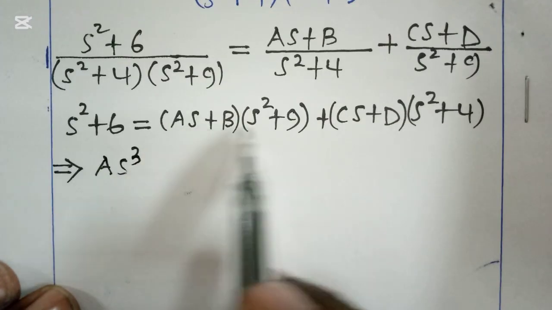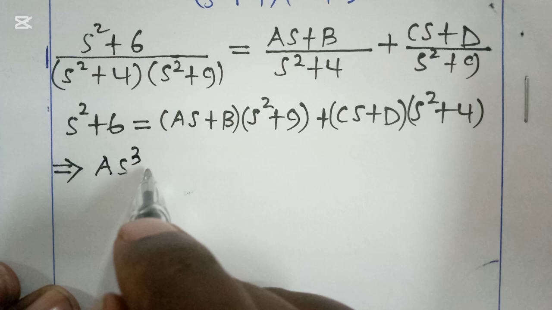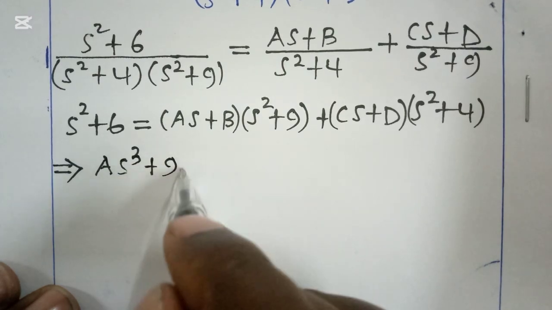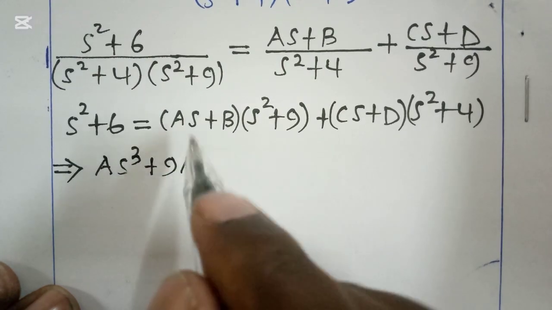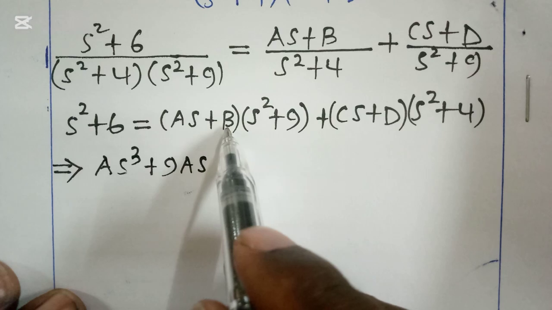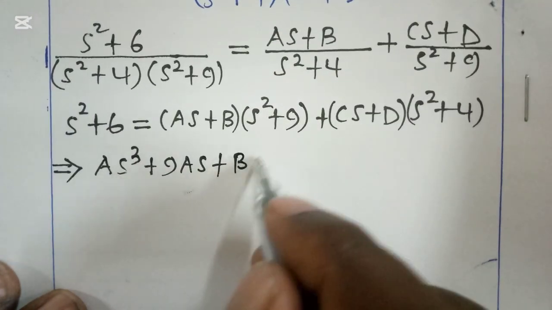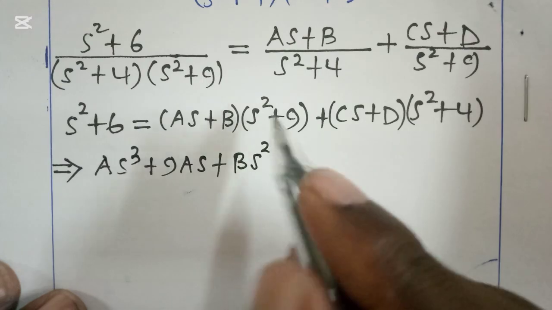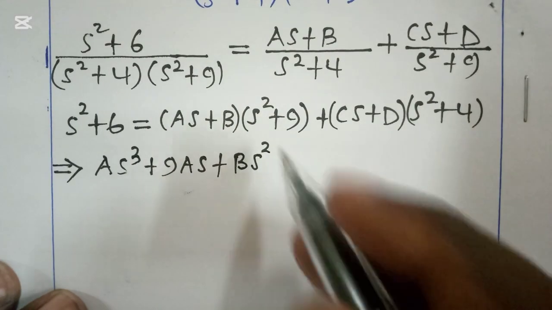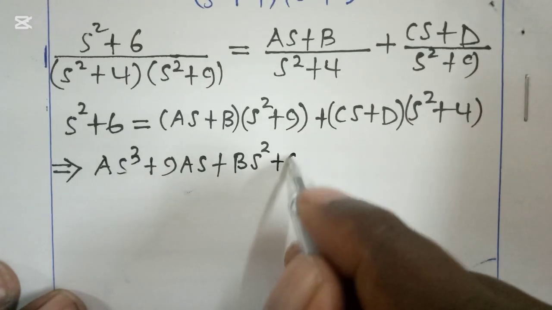Then you have as multiplied by 9, you have 9as. Then you come here, b multiplied by s squared, you have b s squared. b multiplied by 9, you get 9b.